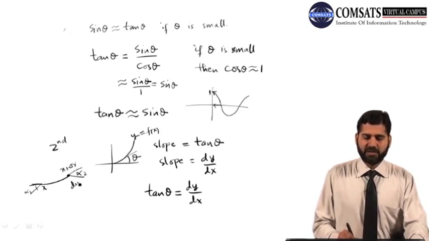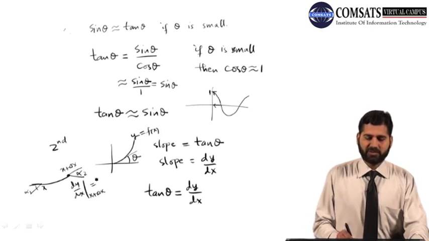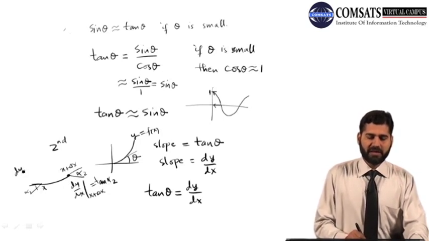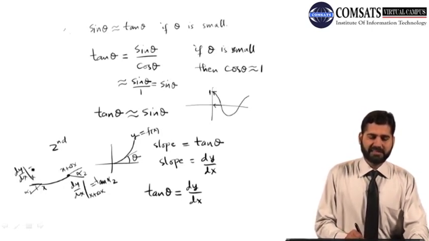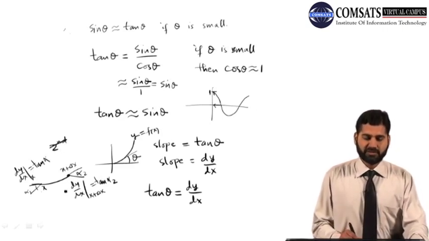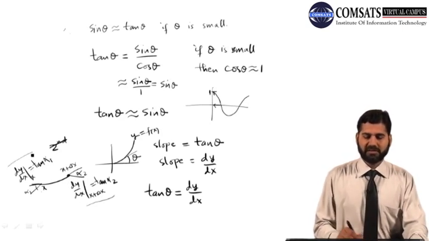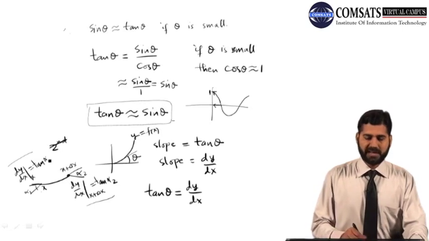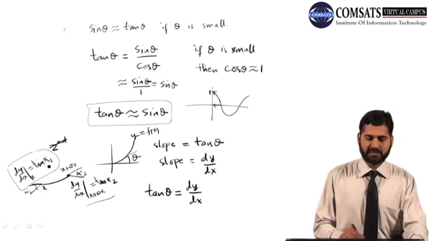So that's why dy by dx at x plus delta x gives you tangent alpha 2. All right, and here dy by dx at x gives you tangent alpha 1. All right, so these are the two things we used later on in our modeling. One was this approximation, and the second was how we got this tangent replaced.